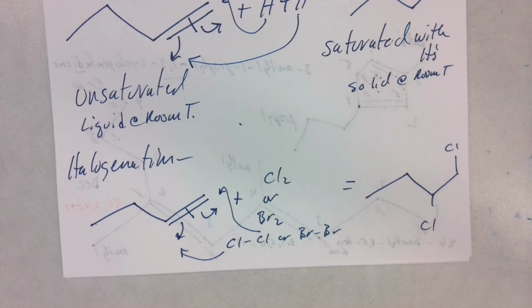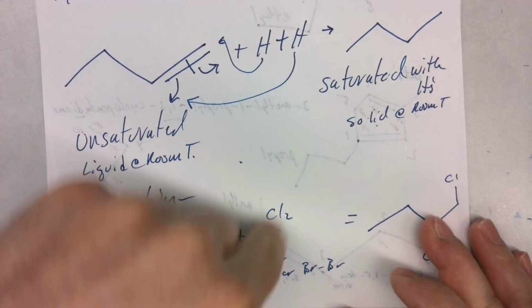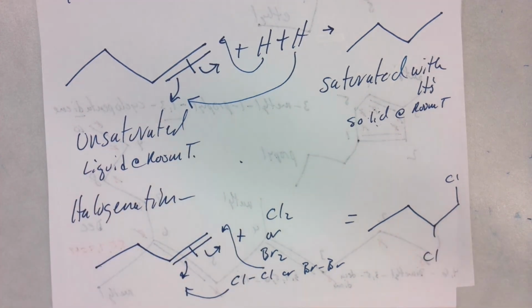Does that make sense? Yeah. Okay. All right. Now, those two are easy because I'm adding the same thing. H and H and then ClCl or BrBr. It changes when you start adding different things.